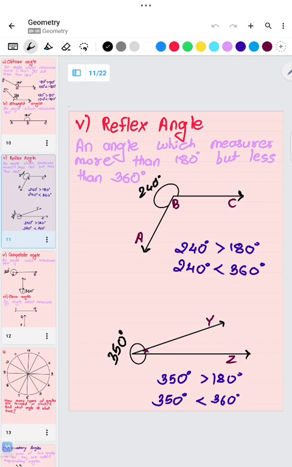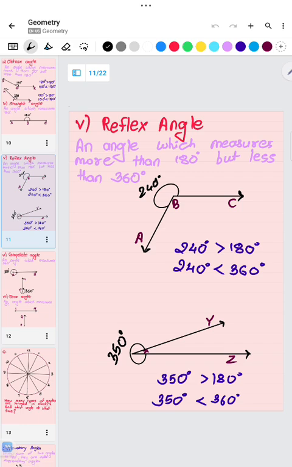Fifth, reflex angle. An angle which measures more than 180 degree but less than 360 degree. For example, 240 degree. Okay, 240 degree is more than 180 degree but less than 360 degree.